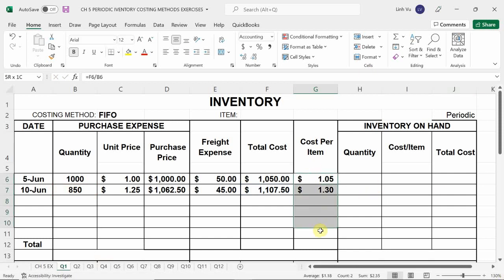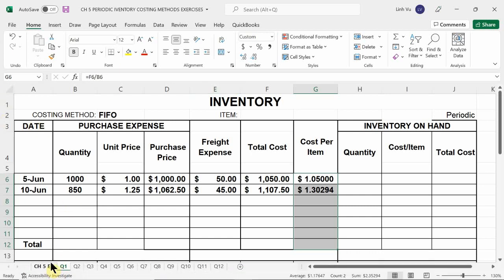Okay. Now in this case, is this rounded or unrounded? We can double check that. In this case, it is $1.3294 actually. So that's what it's at right now. Okay.